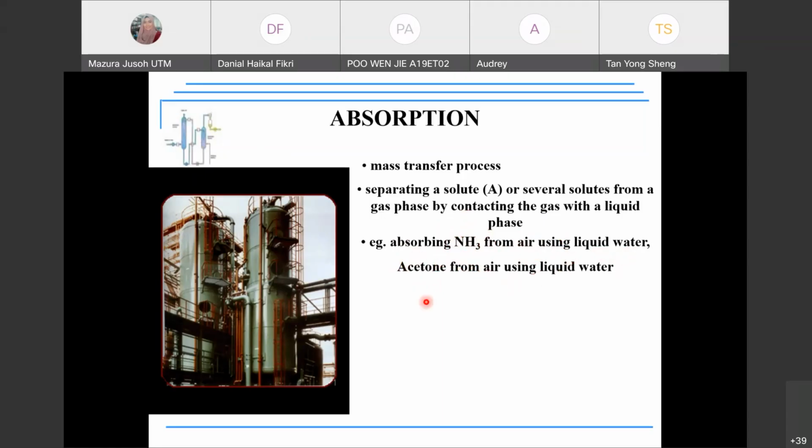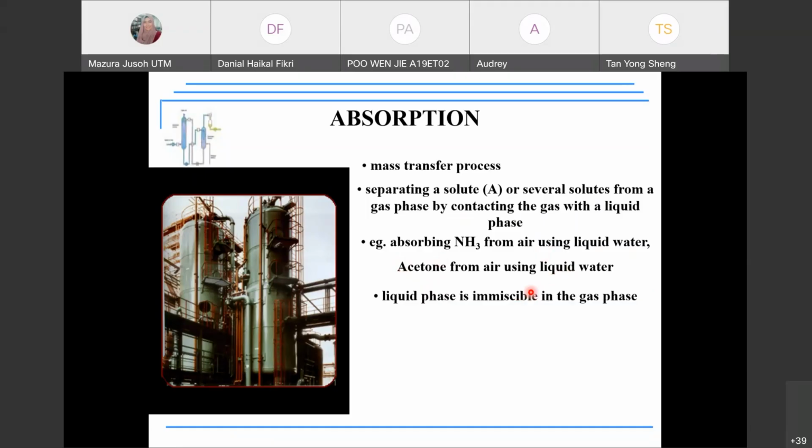These are all possible because the solute that you want to remove or absorb is soluble in liquid water as a solvent. If it's not soluble, then you have to use other solvents. You have to choose another solvent in which the component that you want to separate will be soluble.